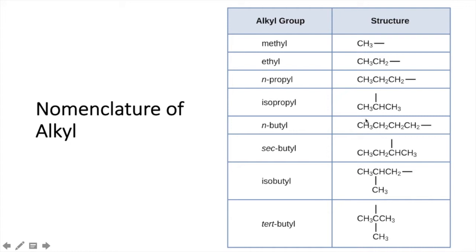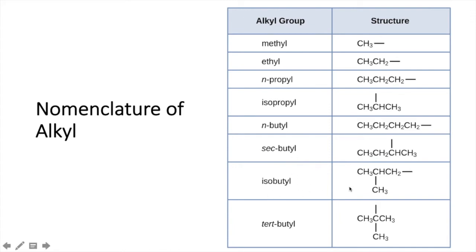From this picture, it has 4 C without branches or additional substituents, so it is called normal butyl. And this is a secondary butyl because the C is connected to the secondary carbon.